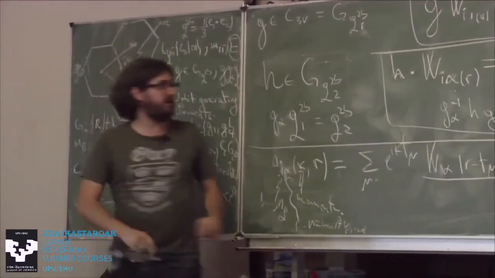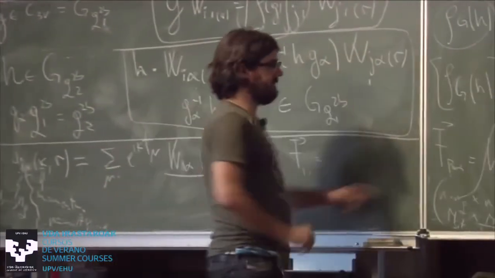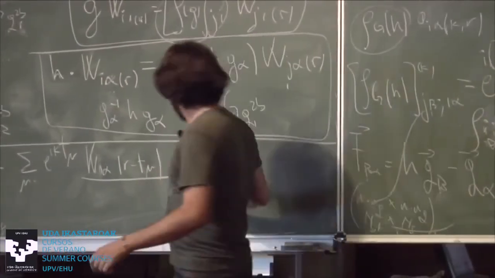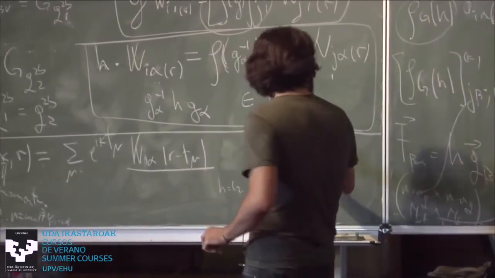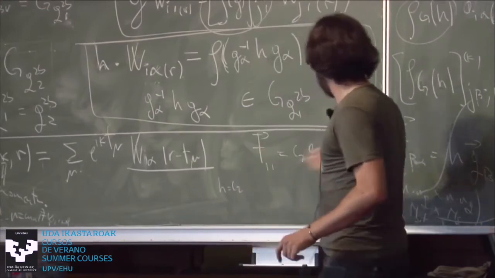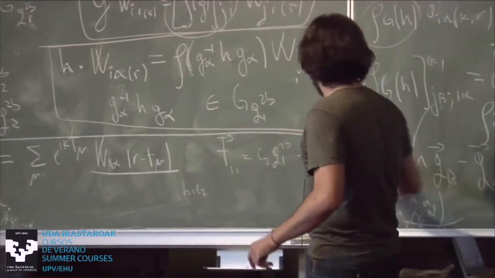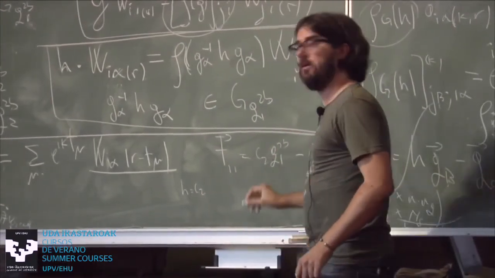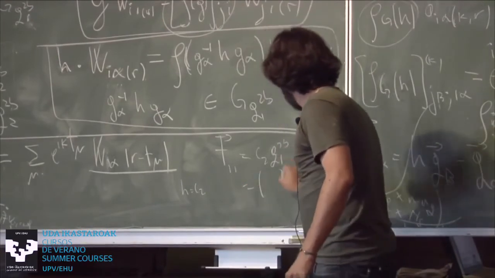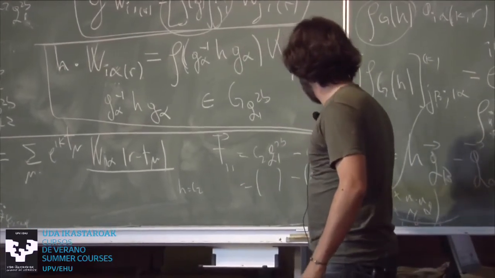So what it does is it sends, this is C2 times Q1b minus Q1b. Q1b is 1/3, 1/3.